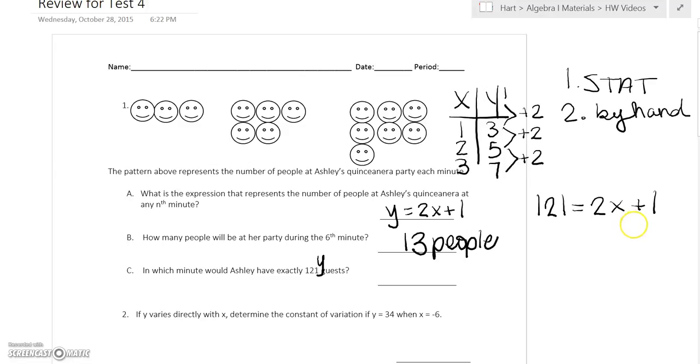And you would start solving for x. So your first step would be to subtract 1. So you have 120 left. And then your next step would be to divide by 2. So your x value would be 120 divided by 2, which is 60. So that means 60 minutes.